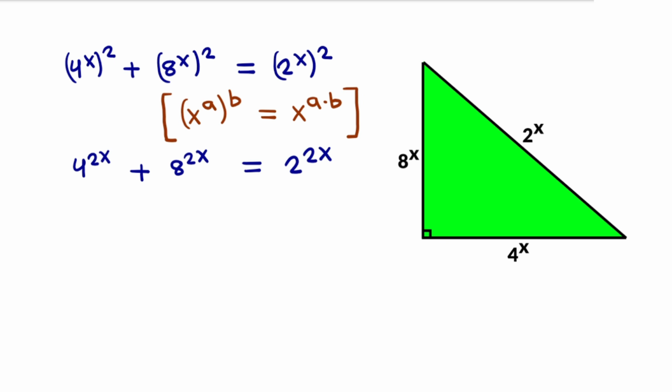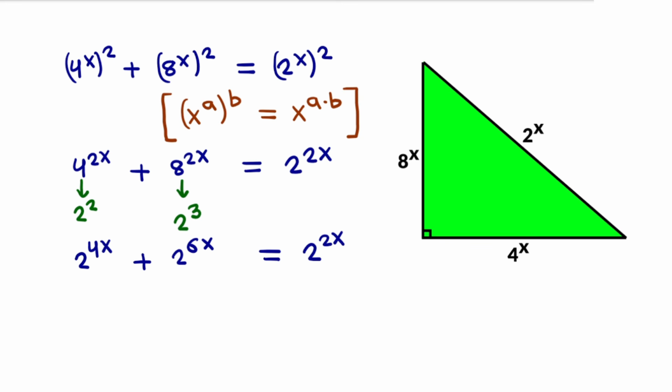Now, let's rewrite everything using base 2. 4 is 2 squared, and 8 is 2 cubed. So our equation becomes 2^(4x) + 2^(6x) = 2^(2x).